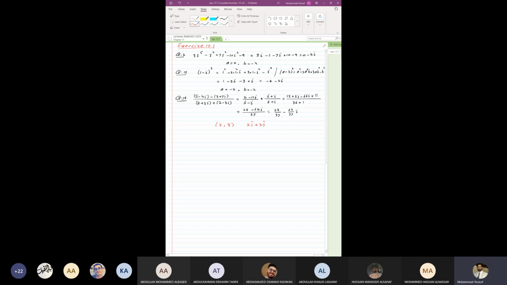A vector in standard position means its initial point, its starting point, is at the origin. So when we look at a vector in standard position, its components are the coordinates of the endpoint. Okay, so these things are related to each other.